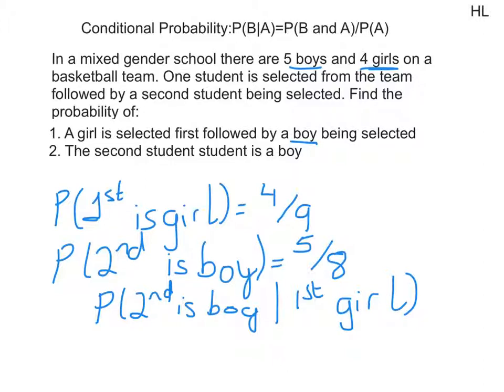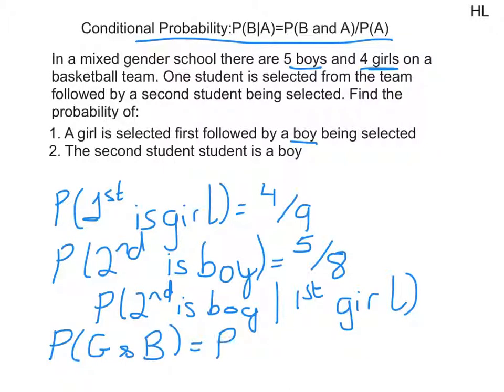So using our conditional probability rule, the probability of girl and boy is equal to the probability of a girl, where A represents the first event, multiplied by the probability of a boy given a girl.